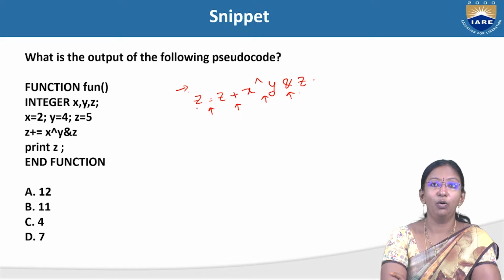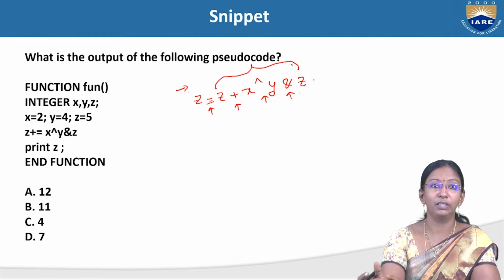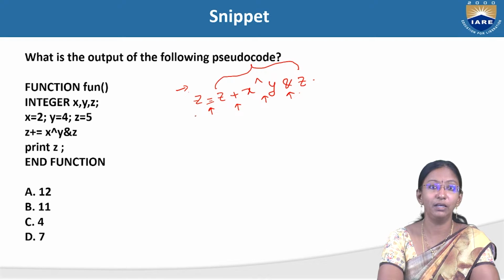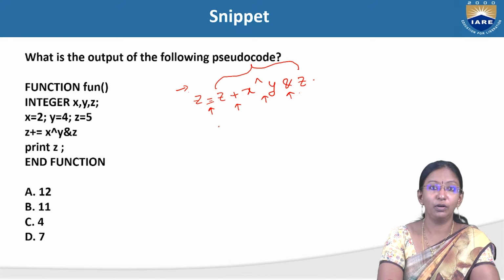Here, we all know that assignment will get the least priority, because once you evaluate the expression on the right hand side, the result will be assigned to the left hand side variable, right? So we have cut short the four operators into three operators.